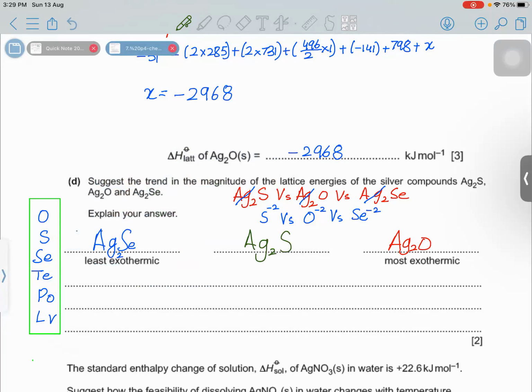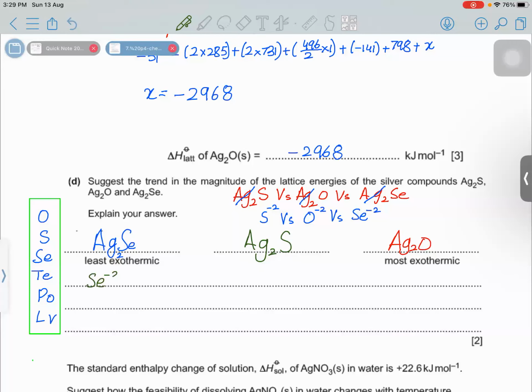Now you have to explain. Yes, sir, can you explain? In Ag2O, the ions are farther apart in the lattice, so the electrostatic forces of attraction will be weaker. Okay. So it all depends on the size of the negative ion, right?